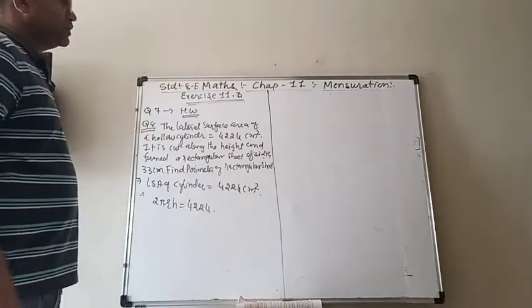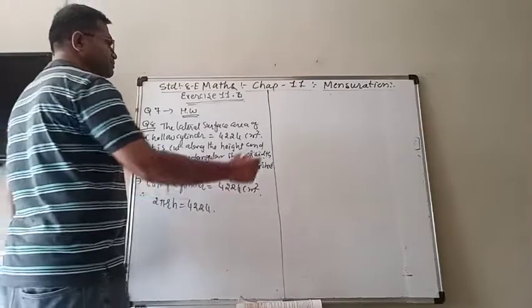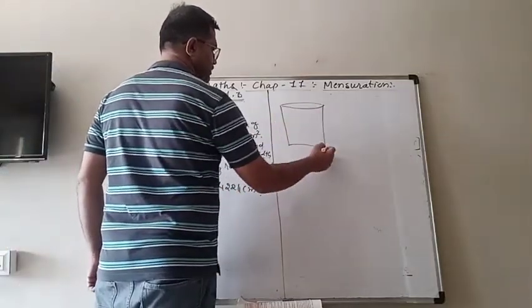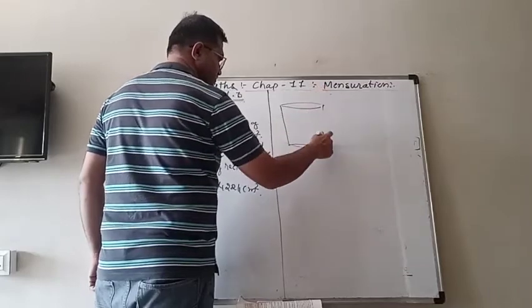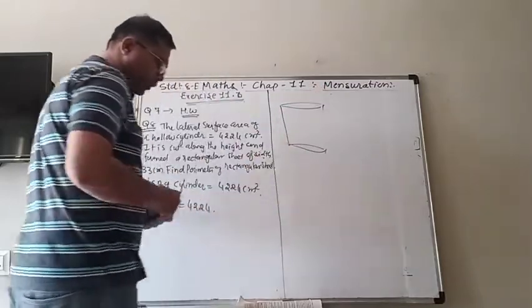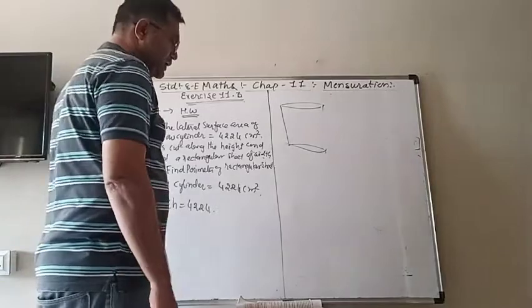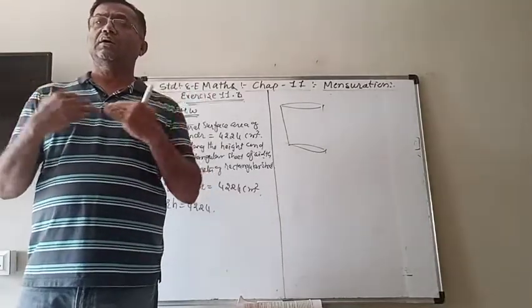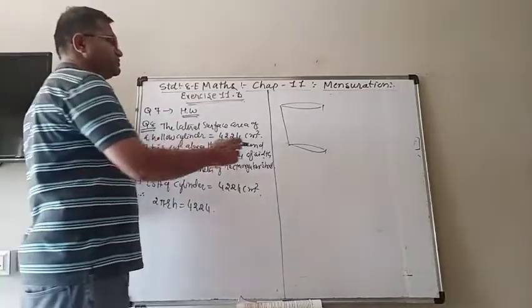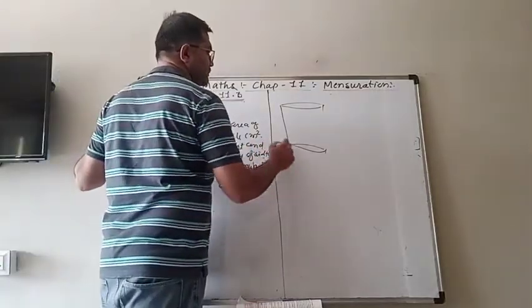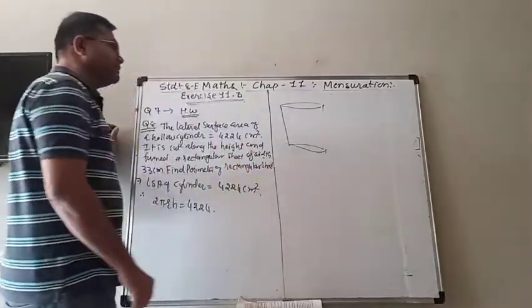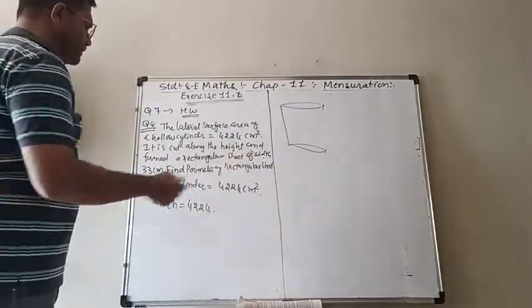Now you can see that if the cylinder is cut from its height, then it's open, then what will happen? The perimeter of the base will become the width, and the height will become the length of the rectangular sheet.